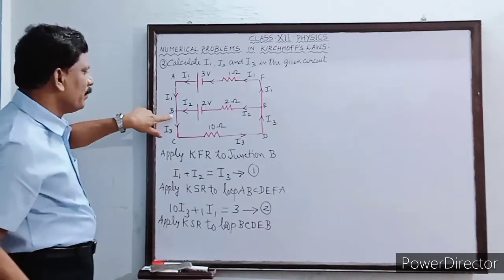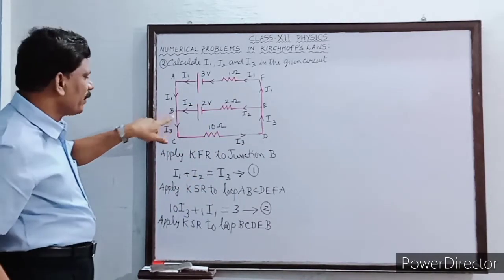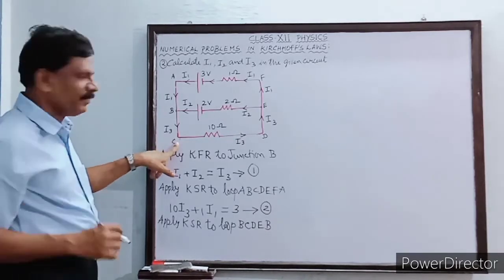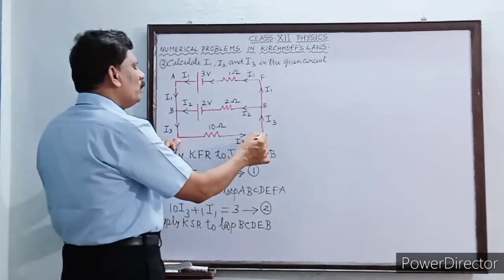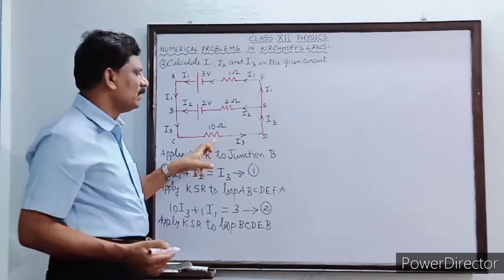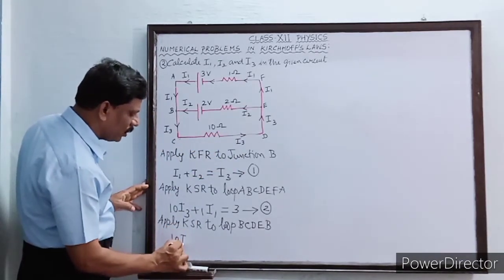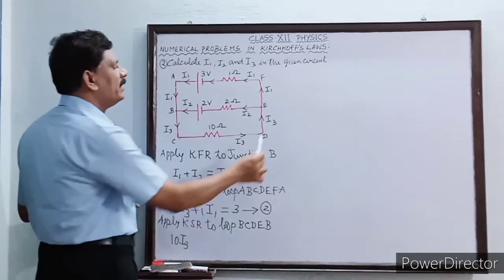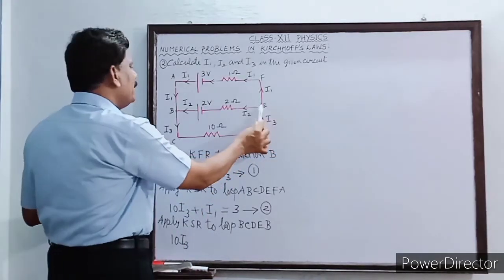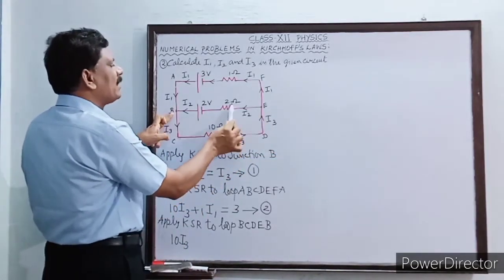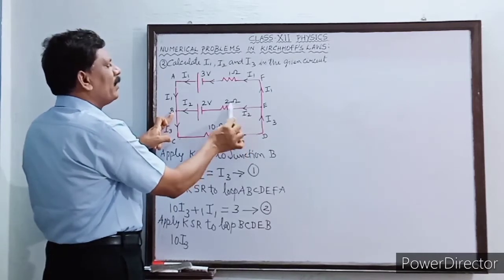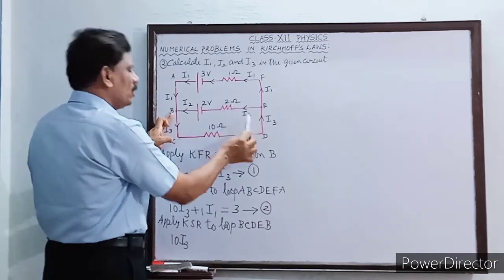I start from the point B. When I go from B to C, there is no resistor. When I go from C to D, there is one resistor of 10 ohm, so the IR product is 10 into I3. Next, D to E, no resistor. And E to B, there is a resistor of 2 ohm, so the IR product is I2 into 2, or 2I2.